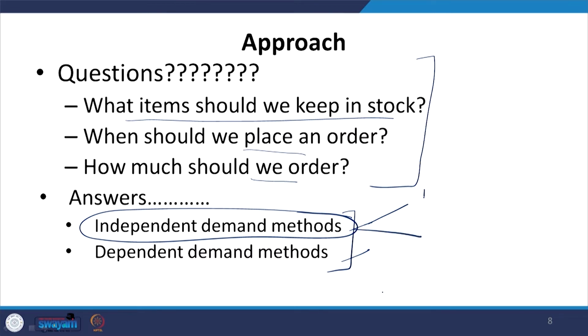One is deterministic and another is probabilistic. We have discussed both these types of issues. When we have constant demand, constant lead times, those are part of deterministic cases. When we have variability in demand, variability in lead time, and when we discuss the single period model, all these are part of probabilistic demand cases. So, independent demand we have discussed in detail.